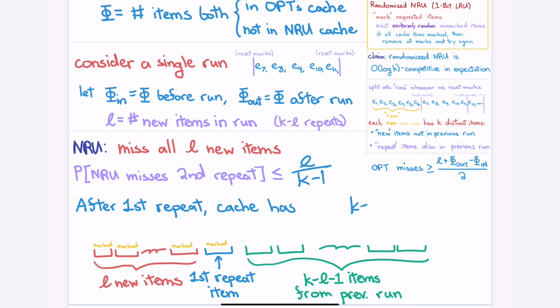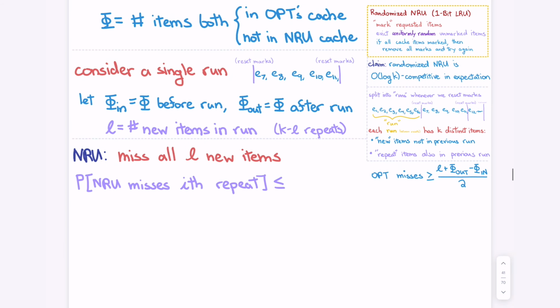So out of the K minus one items that haven't been repeated from last run, exactly L of them have been evicted by the new items. Okay? So that's why on the second repeat, you're going to get L over K minus one.